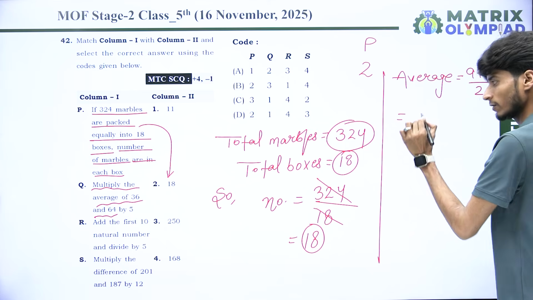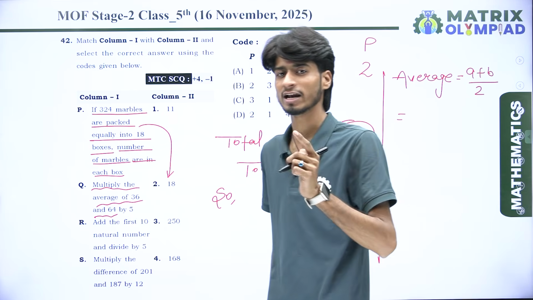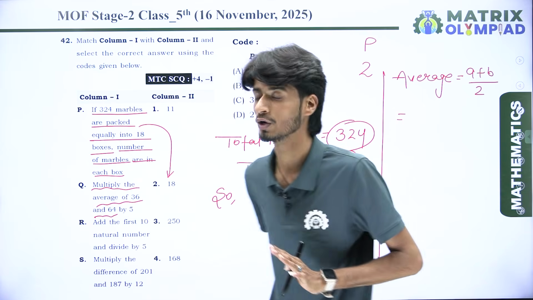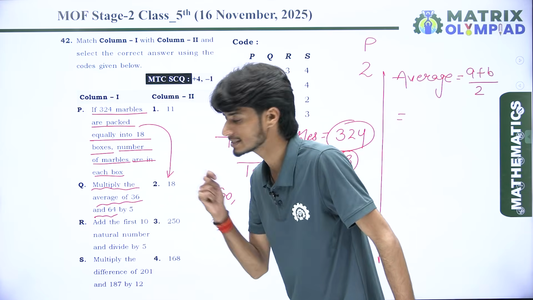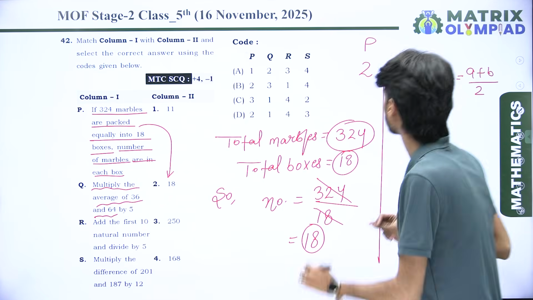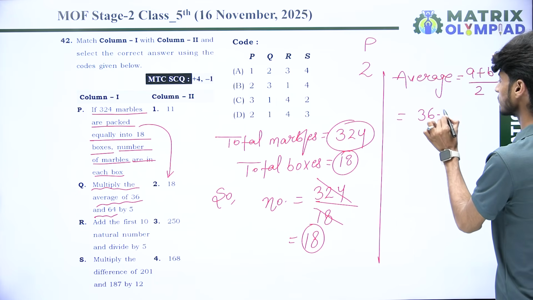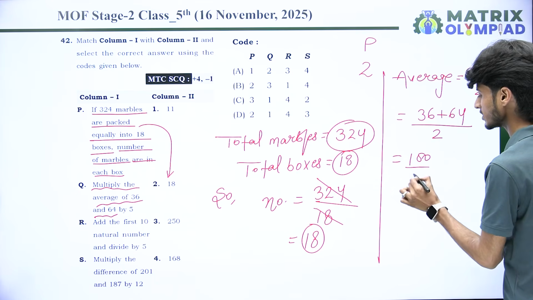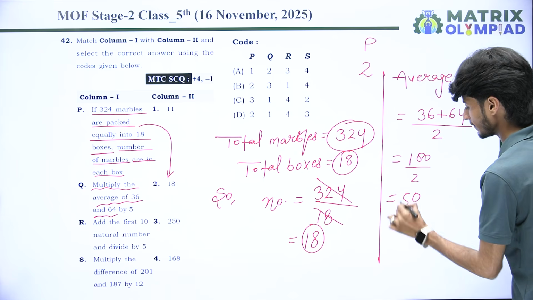Yes or no? First of all, we add both numbers, and then we divide the result by 2, and we get the average of both numbers. The first number is 36 and the second number is 64. So add both of them, 36 plus 64, and divide the result by 2, then you get 100 by 2, which is equal to 50.